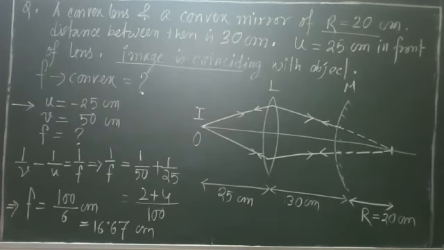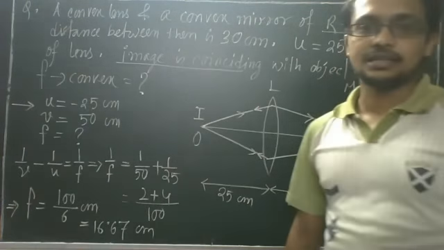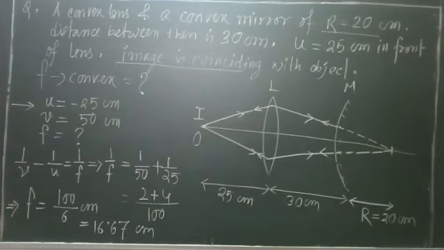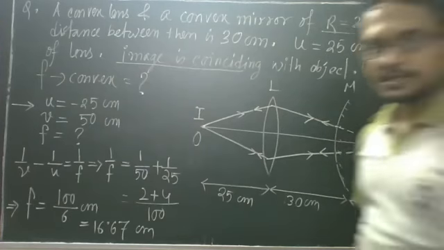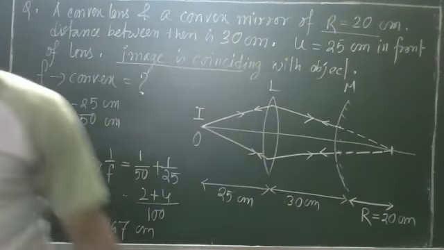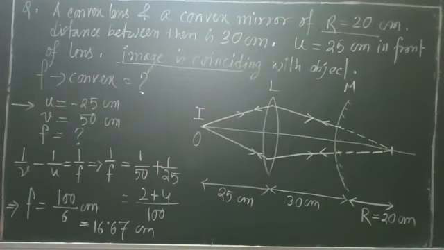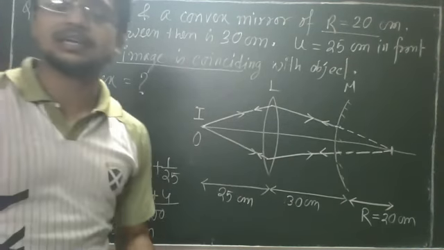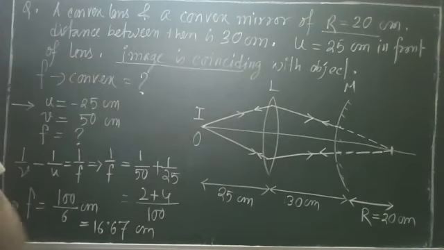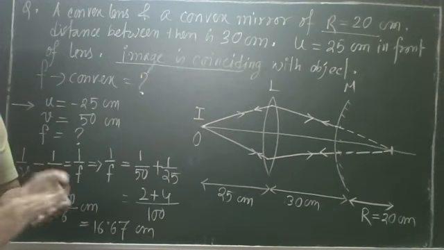Practice it 2-3 times, and also practice the lens combination formula derivation. Here I am finishing this, and in the next class we will solve another 2 lens mirror combination numericals.